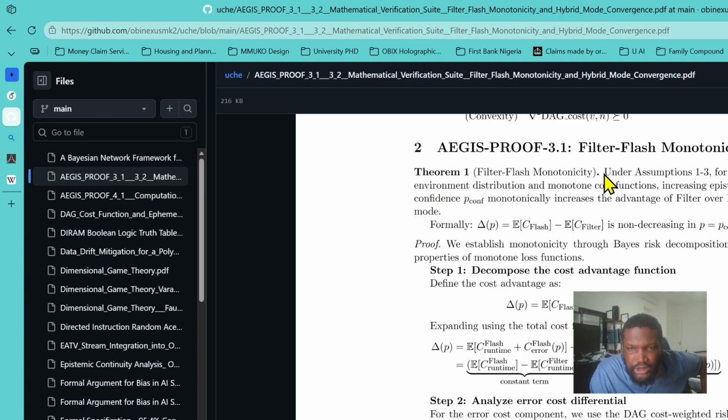3.1. Filter flash monotone on the assumption of 1 to 3, for fixed environment distribution and monotone construction, increasing epistemic confidence. Proof of confidence monotonicity increases the average of the filter of a flash. Formally, the change in probability of E given epsilon.